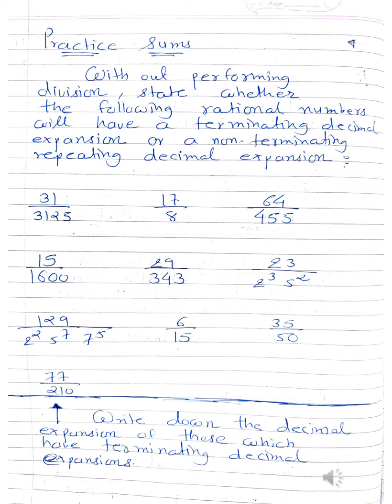Check the denominator, and if the prime factors of the denominator are in the form of 2's or 5's or a combination of 2's and 5's, then 100% we can say that we will get terminating decimal expansion. Otherwise, we are going to have non-terminating but repeating type of decimal.